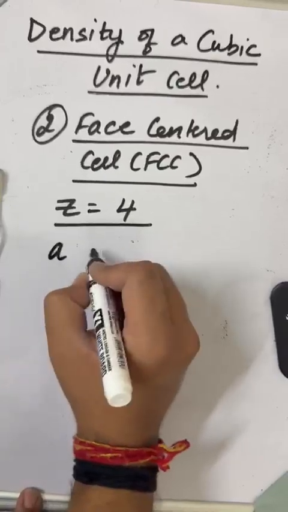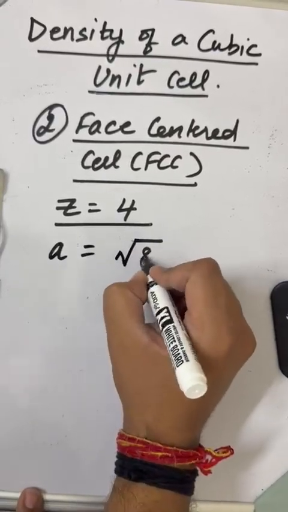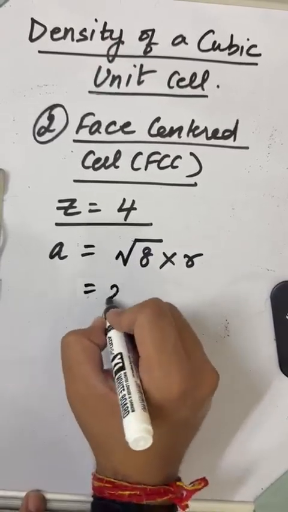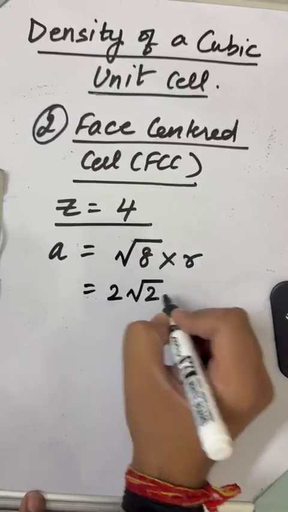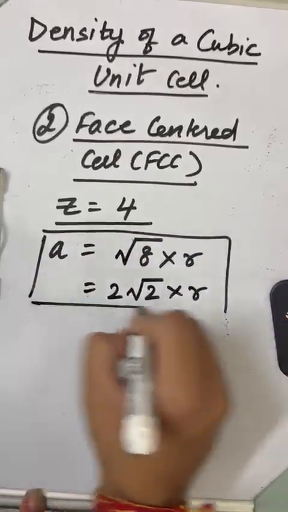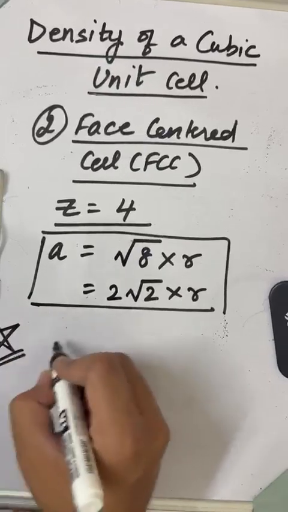A, which is the edge length, is given by the formula root of 8 multiplied by R, or you can say 2 root 2 multiplied by R. Packing efficiency, and this is very, very important.